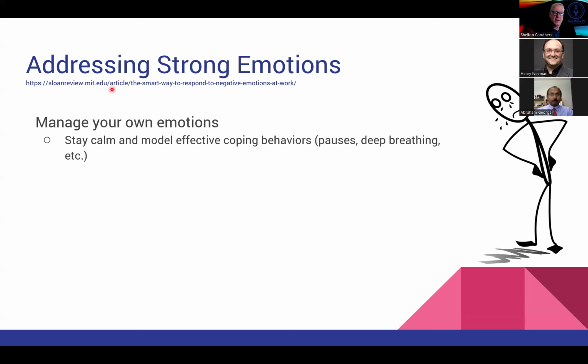So again, in addressing the strong emotions, I don't know how many of you have experienced this before. Whenever I've been in an argument or a situation and I ask or tell the other person, just calm down, I suspect if you're like me, that never happens, right? I mean, it never works. Tell somebody to calm down, they just get more upset. So you can't control other people.